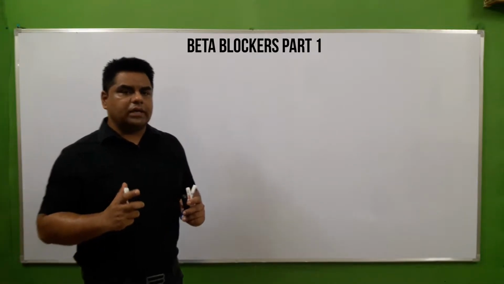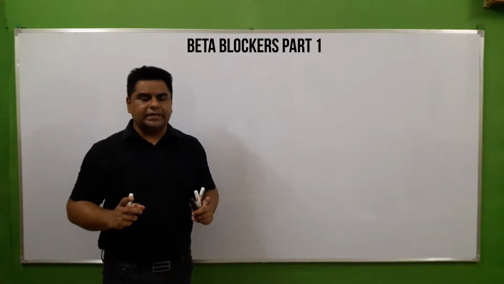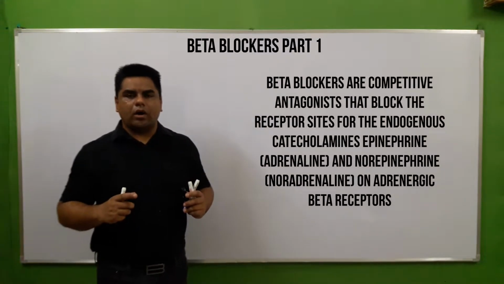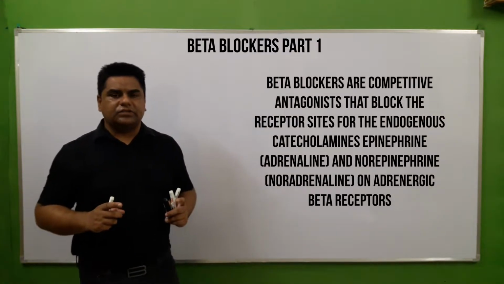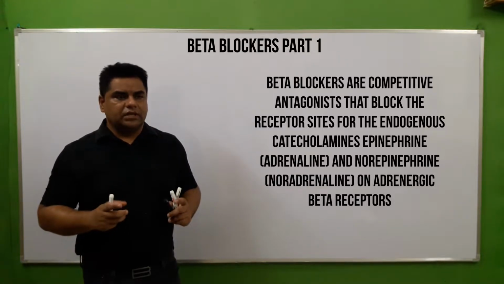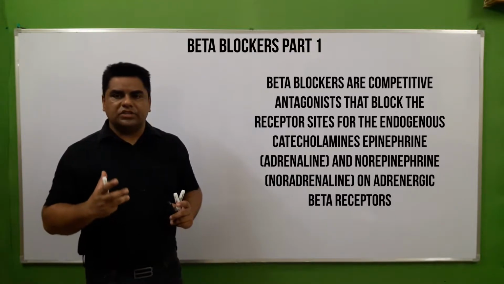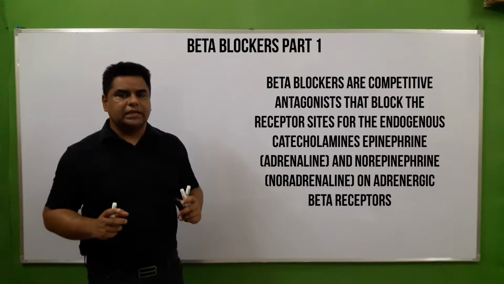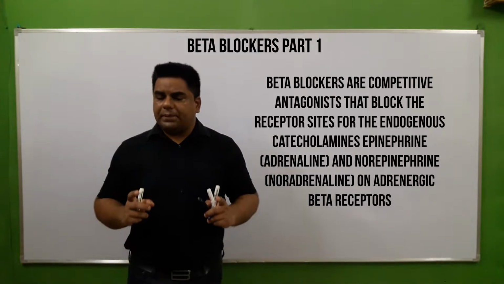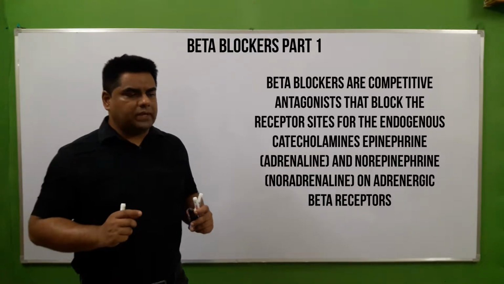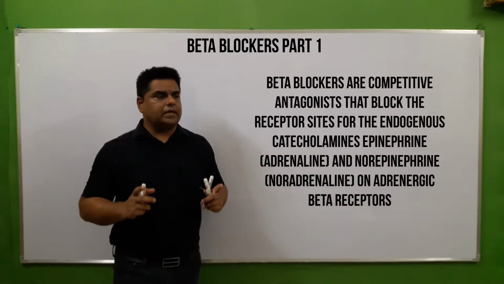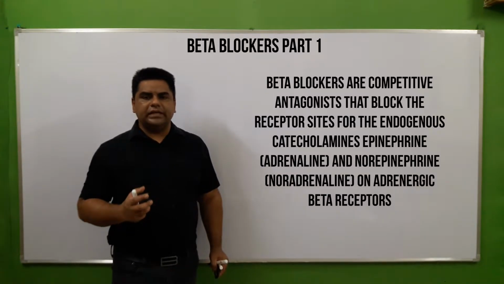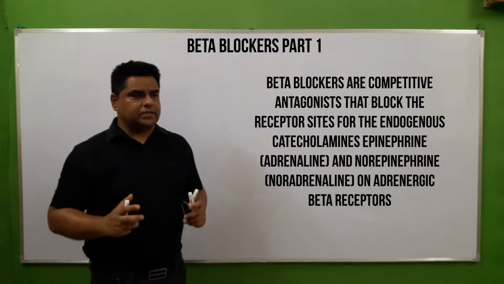What do they block? They block the receptor sites for endogenous catecholamines, which are made in our body, especially epinephrine and norepinephrine, also known as adrenaline and noradrenaline of the sympathetic nervous system.